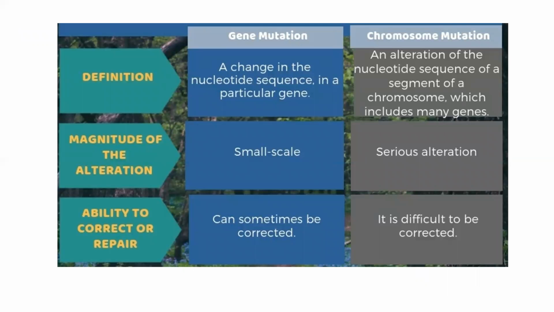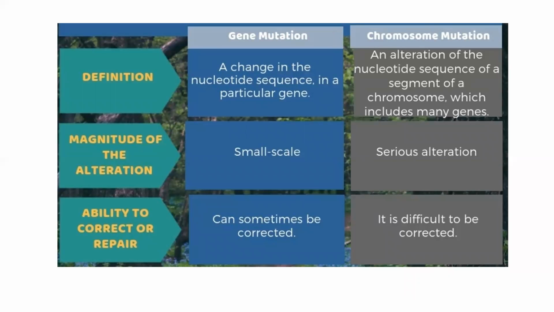So this is just a general overview between gene mutations and chromosomal mutations. Definition-wise, a gene mutation is just a change in the nucleotide sequence within a particular gene, whereas a chromosomal mutation is an alteration of the nucleotide sequence of a segment of the chromosome, which actually includes a lot of genes.